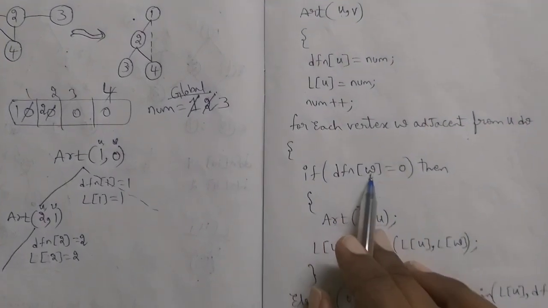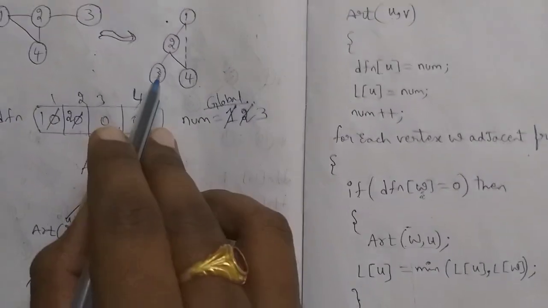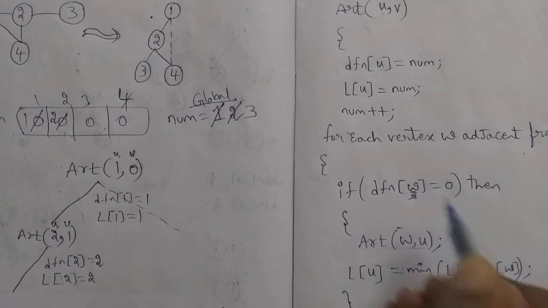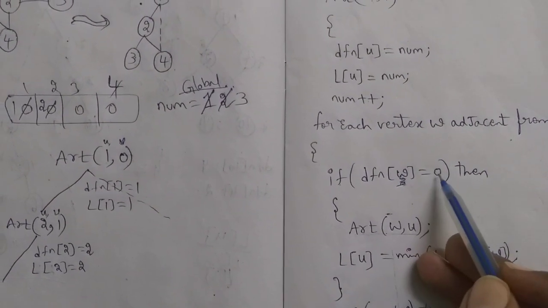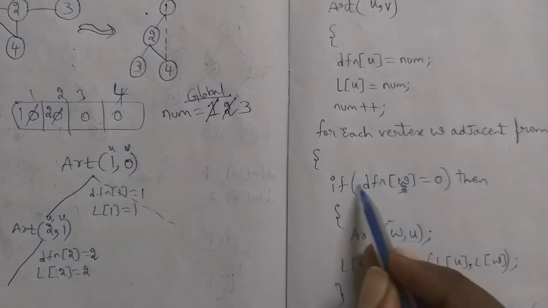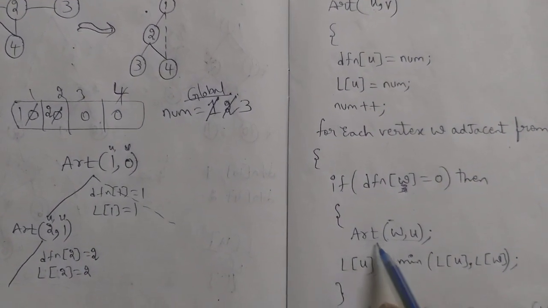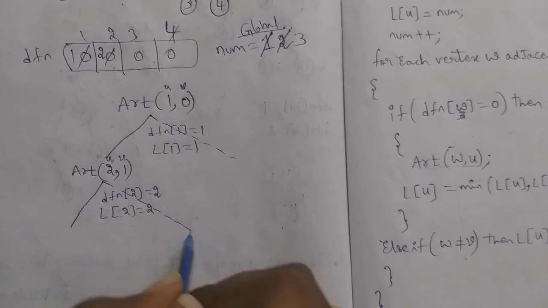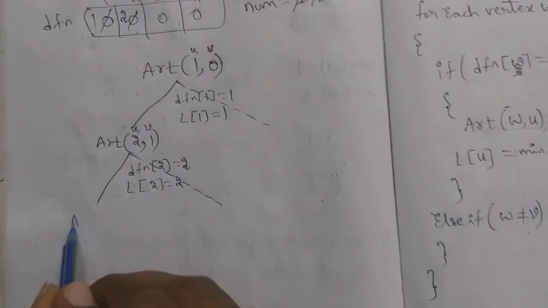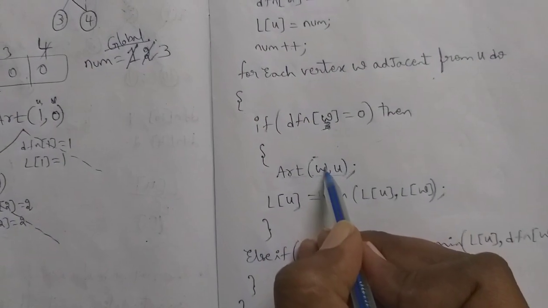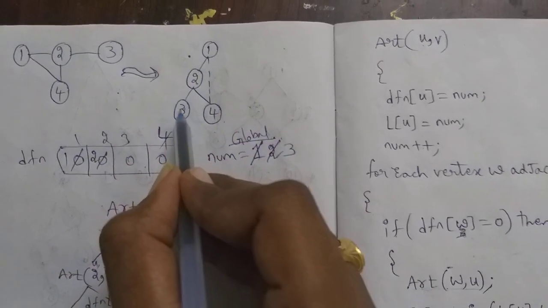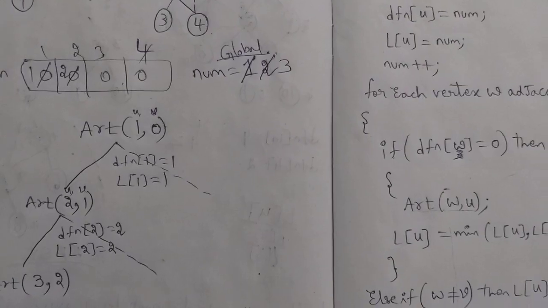If the depth first number of w is 0: for 3, in the first iteration, depth first number of 3 is equal to 0. Yes, it is true. Then call the articulation function again, w comma u, with pending statements for this function call also. Articulation of 3 comma 2.